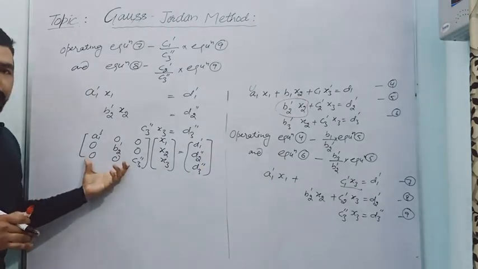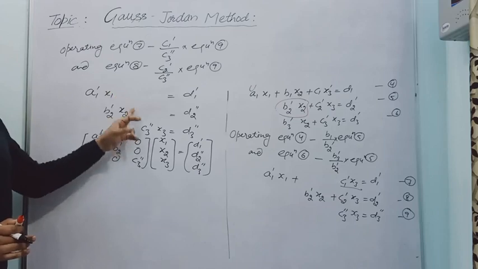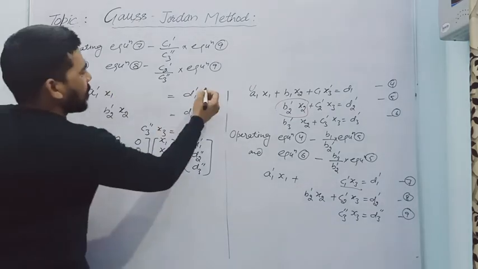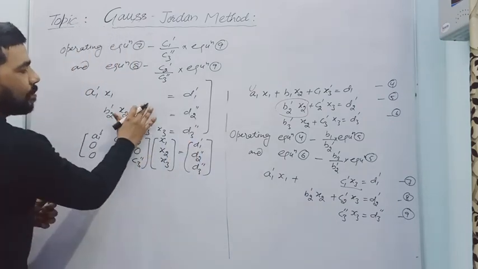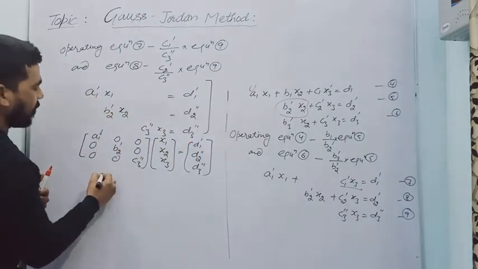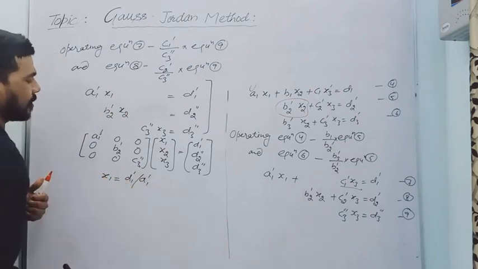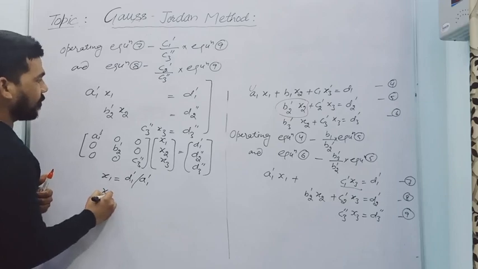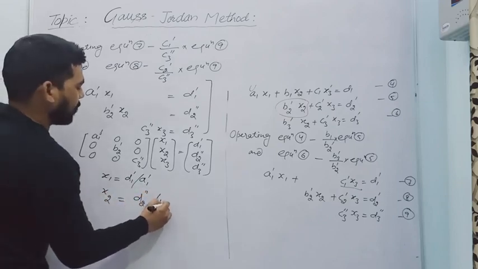This has become a diagonal matrix, so we have applied these operations. Now we have to find the values of x1, x2, x3. You can see that this is a very simple form. Now by using this you can find the values of x1, x2, x3. What will be the value of x1? x1 will be given by d1 double dash by a1 dash. The value of x2 will be given by d2 double dash by b2 dash.